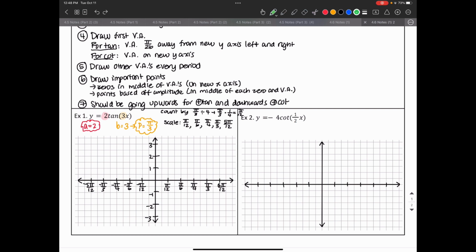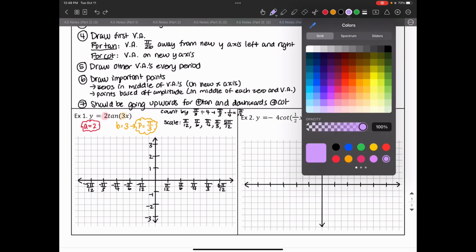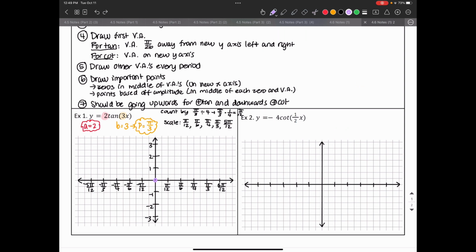If this is more helpful for you, you can draw the x-intercept like you know is going to be on the origin, or on the new origin, which happens to be the old origin in this case. Then to find pi over 2b, I'm going to do pi over 2 times 3, which is pi over 6. So I know that pi over 6 to the right, I'm going to have a vertical asymptote. And pi over 6 to the left, I'm going to have a vertical asymptote.